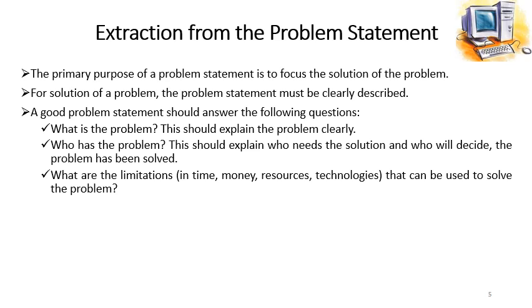So whenever we want to develop any system for solving our problem, we must mention these three things to the vendors or to the problem solvers. We must mention what is the problem, who has the problem, and what are the limitations.